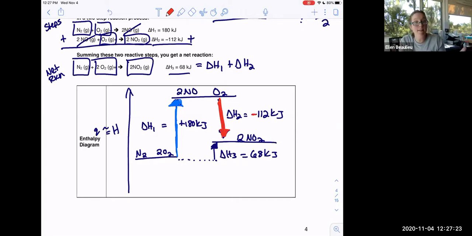Energy gets released. But overall, I had to put in more than I got out from building these new bonds. And so overall, my net process is a positive enthalpy. I have to put energy in to make that net reaction occur. Remember, positive delta H means endothermic, putting energy in. How are we doing? I've talked a lot.